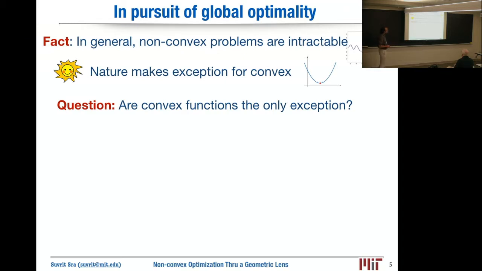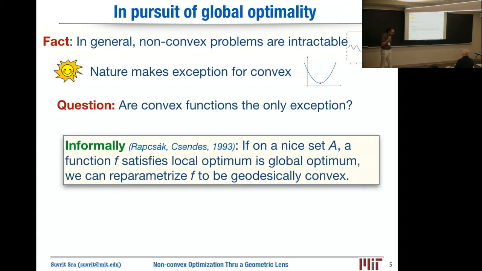But the motivation for why I'm looking at manifolds is the following. Very informally, if you're on a nice set A, let's say some kind of bounded compact nice set, and if your function satisfies this property on this set, that a local minimum is a global minimum, actually slightly stricter than that, sorry, any critical point corresponds to a local minimum, there's no saddles here, and it's a global optimum, then you can reparameterize the parameter space so that your function appears to be geodesically convex.